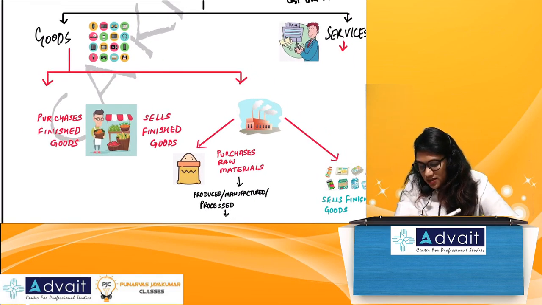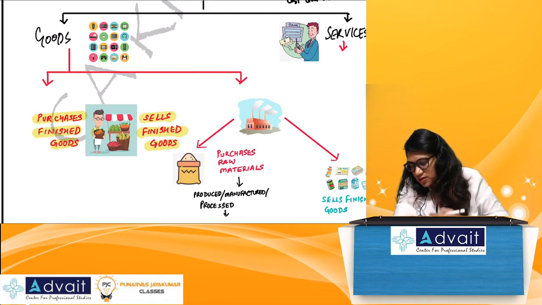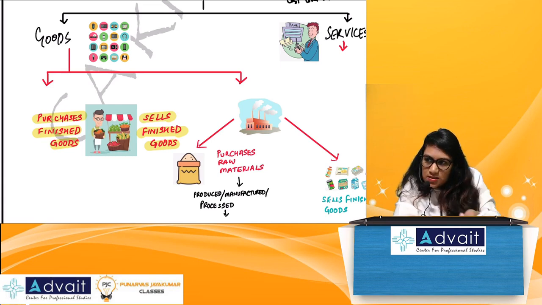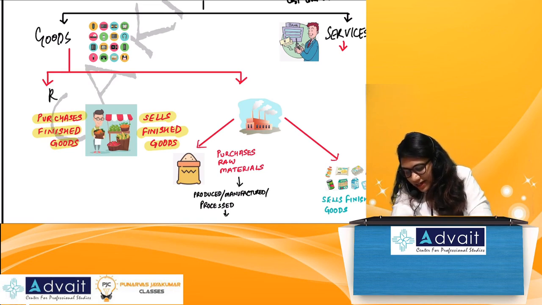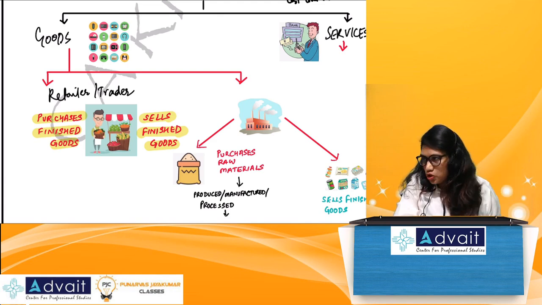Correct? Now if we are looking at goods alone, okay, so what does this say? See this? Purchases finished goods, sells finished goods. Who's this person who purchases finished goods and sells finished goods? Who is he? A retailer. Correct? A retailer or a trader. A trader merely purchases finished goods, sells finished goods.